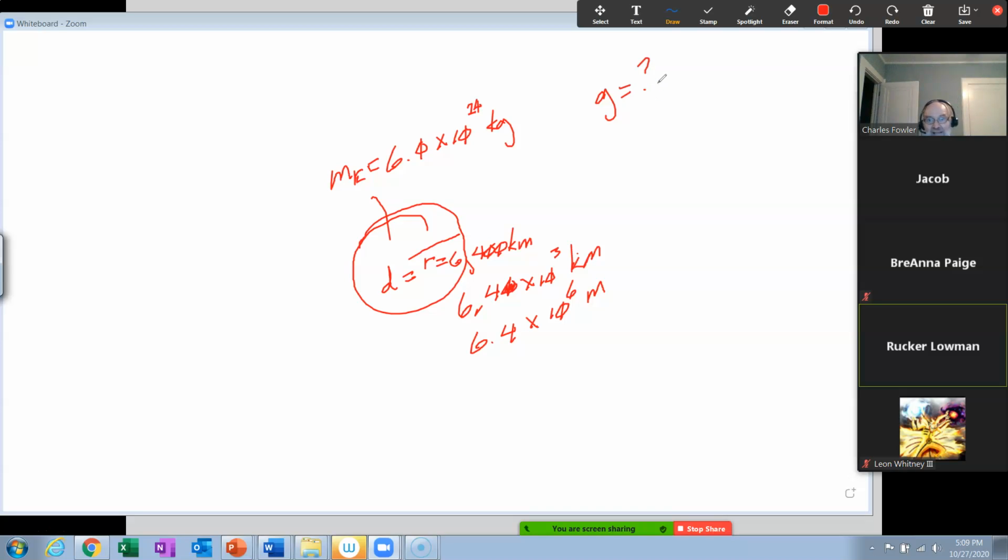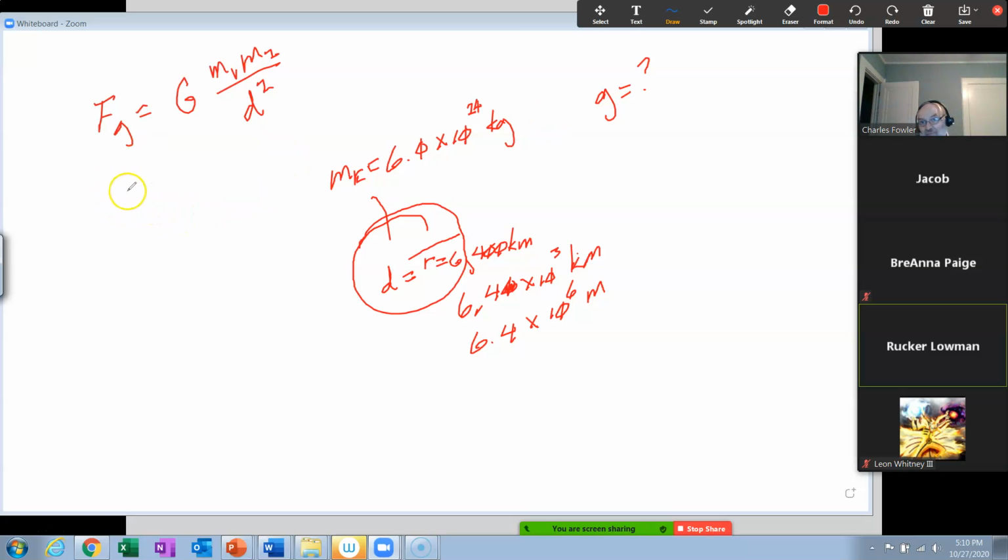Now the force due to gravity, F sub g, is equal to what we had before, that capital G times m1 m2 over d squared. Remember, that's our formula. Now one of these masses is the mass of the object. I don't care which one you call it.